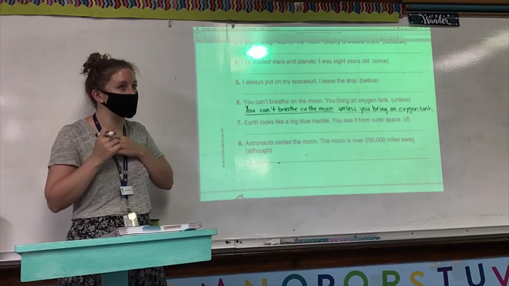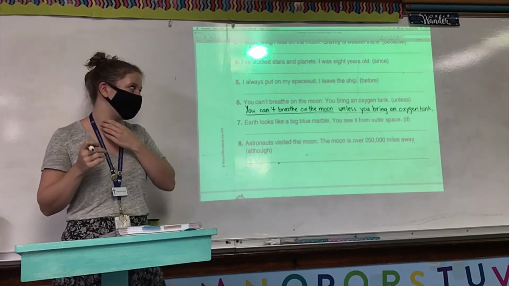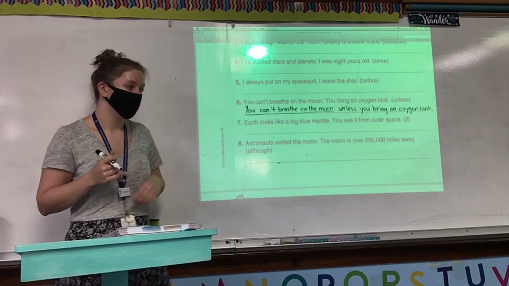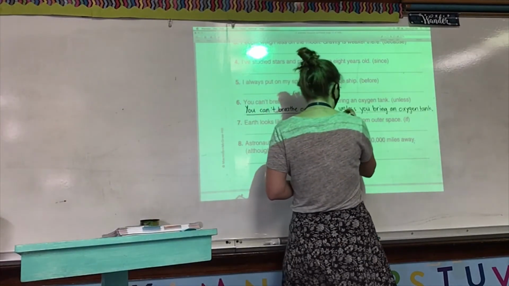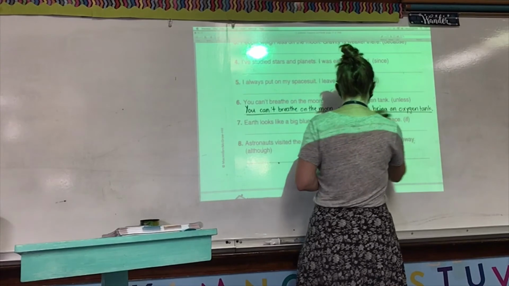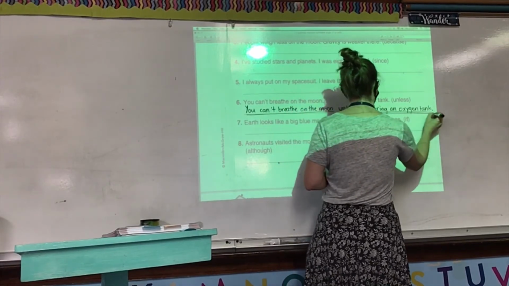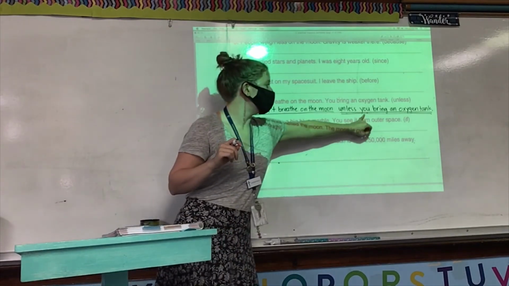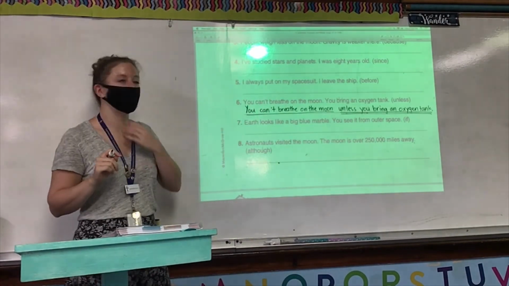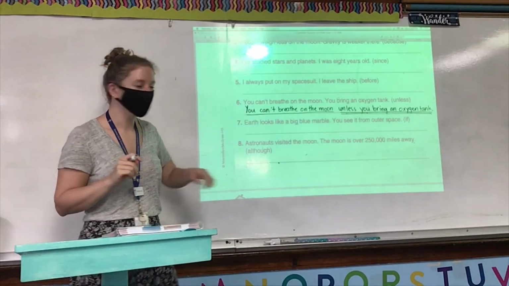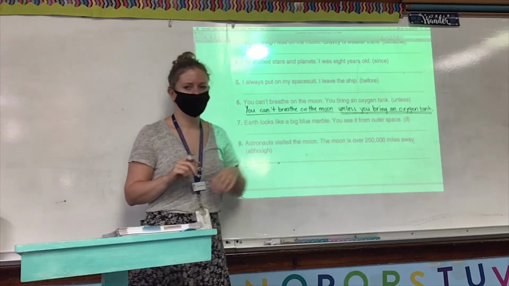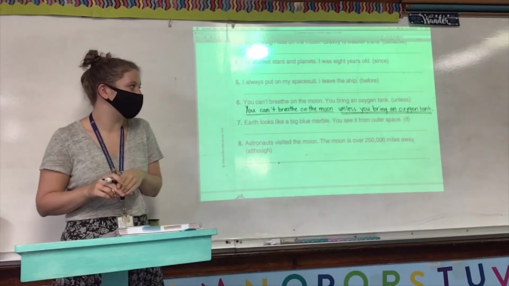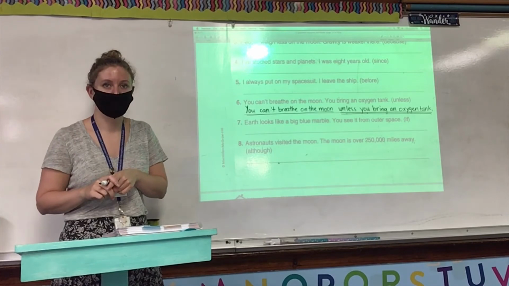Michaela, which part is the dependent clause? Which part cannot stand alone? Unless you bring an oxygen tank. Correct. We have the subject, you. We have the predicate, bring an oxygen tank. But that word unless makes it not make sense anymore. If we said, you bring an oxygen tank, well, that would make sense.